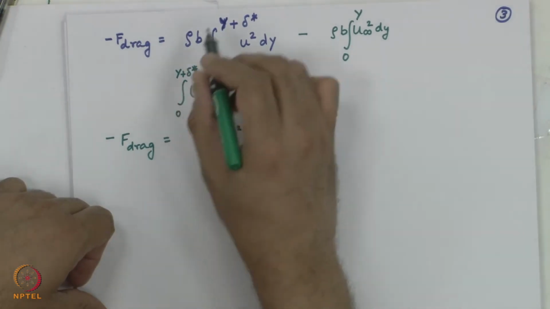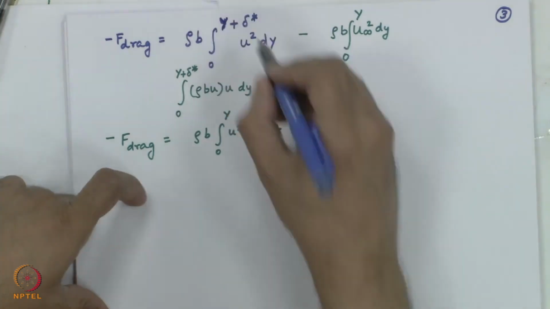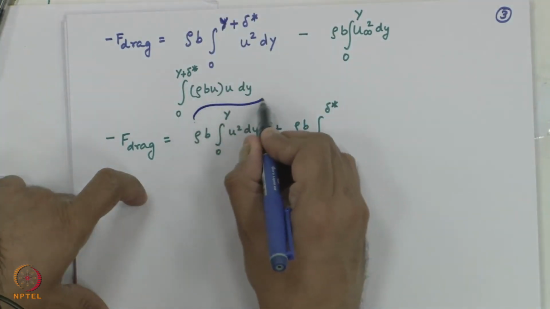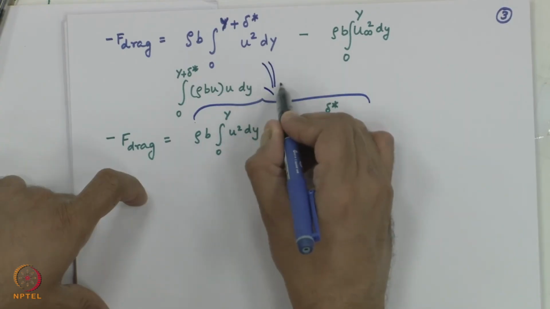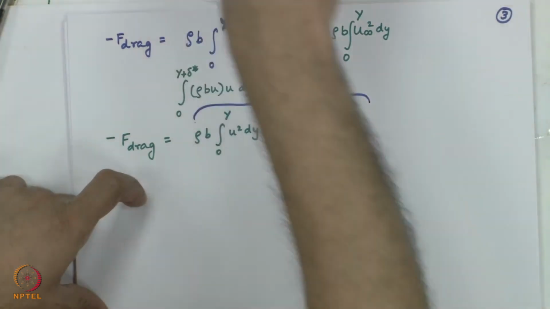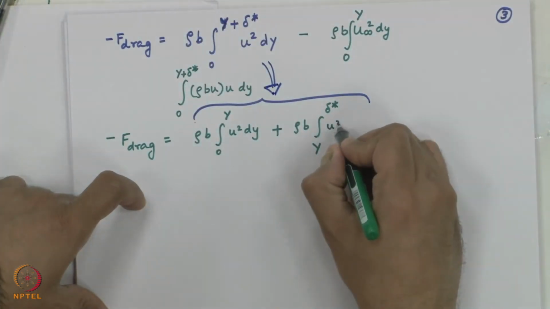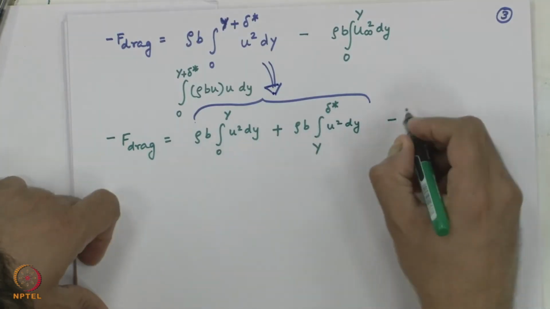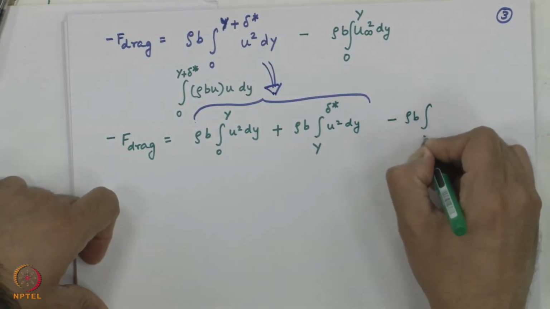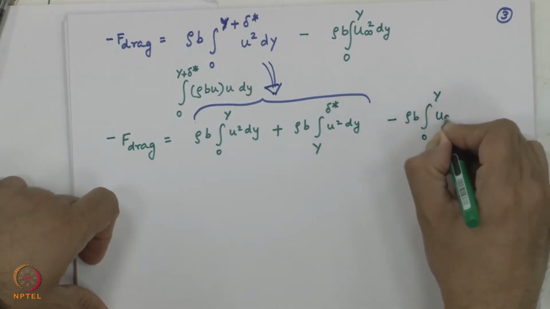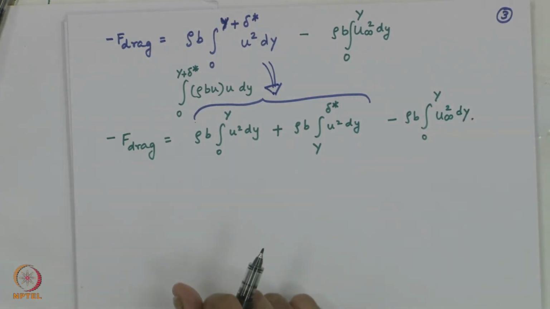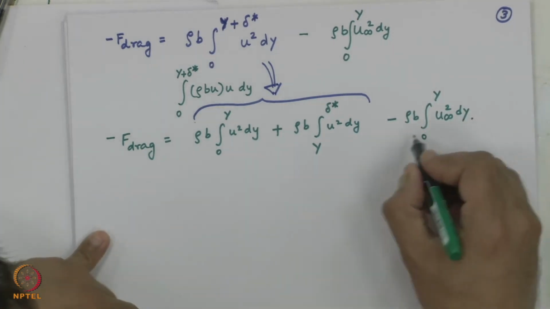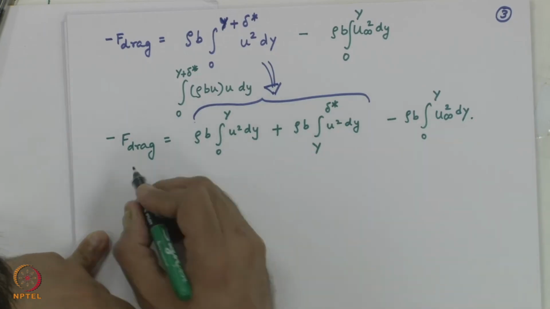I have just split this into 2. This one is being split into u squared dy, minus rho b integral 0 to capital Y u infinity squared dy as it is. Okay. So, I will change the sign.